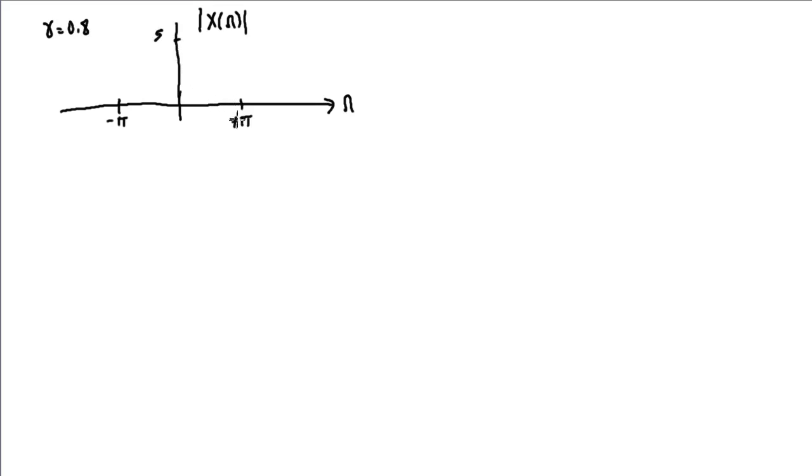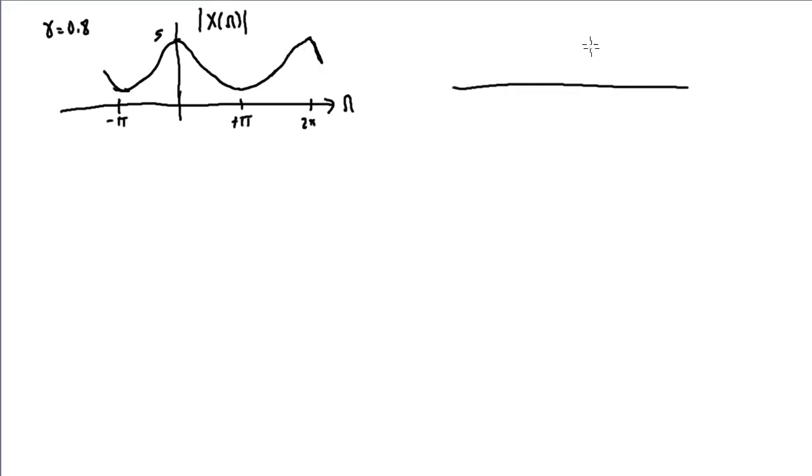So this would be plus pi, and it looks something like this. And don't forget that this is always a periodic function, so it'll return back up to 5 at 2 pi, and then just repeat periodically in both directions.